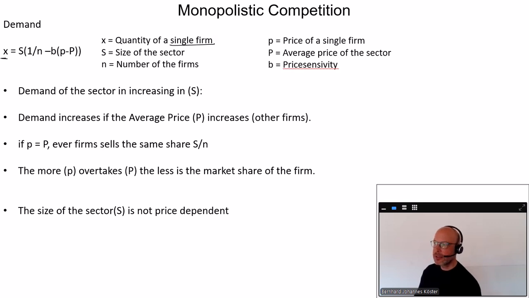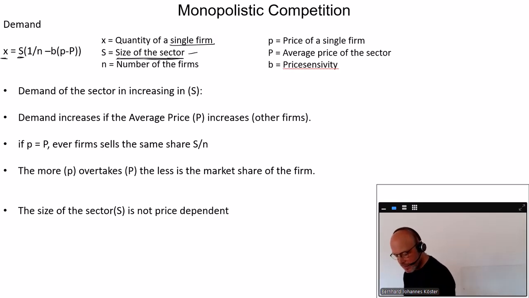Then, of course, our demand depends on the overall size. So this is then the automotive market in Germany and in Japan and in the United States. This is then S, the size of the sector. This will be, if we are open for the others, the global market.